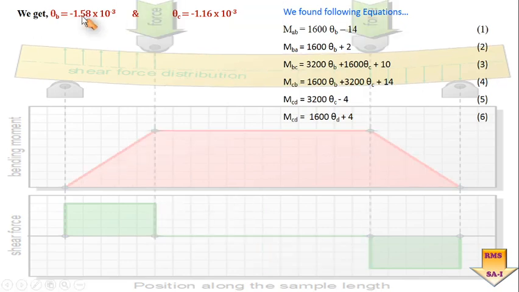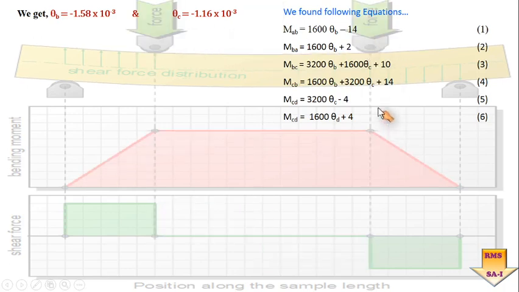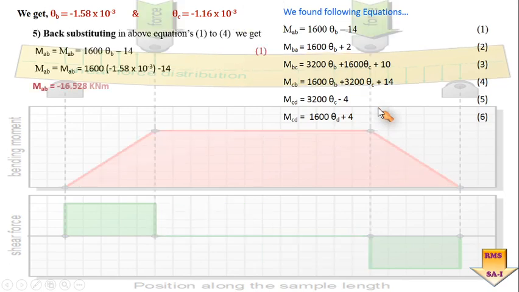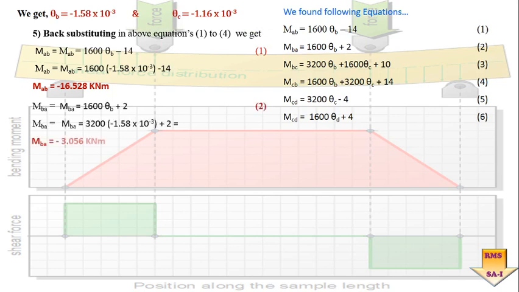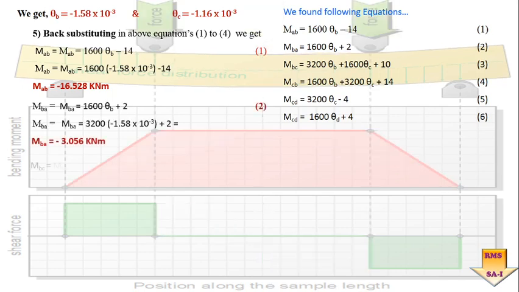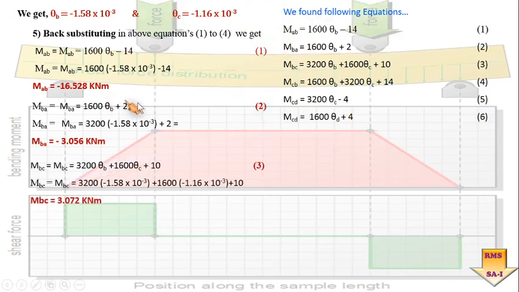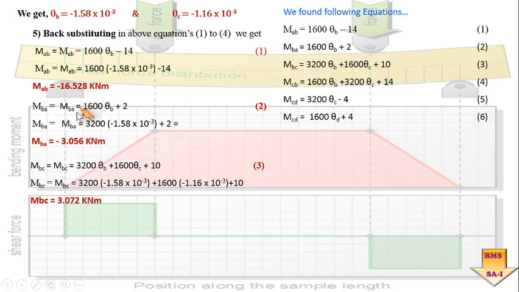So here you can see the values of theta B and theta C and equation number 1 to equation number 6. So selecting one by one equation and putting the value of theta B and theta C, you will be directly getting the value of the final moment occurring for that individual span. So here equation number 1, put those values. So MAB is equal to minus 16.528.